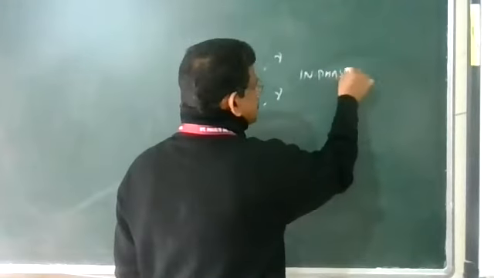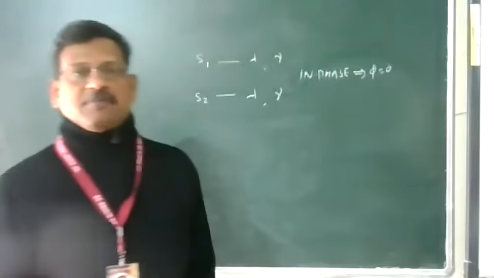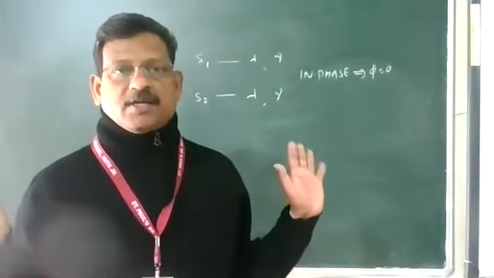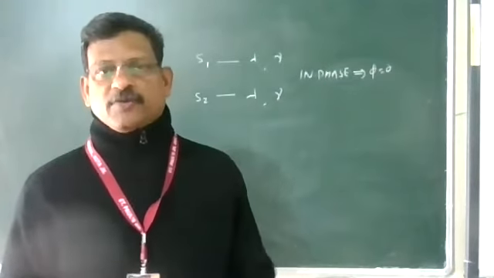In phase means the phase difference between them is equal to 0. That means they start together: crest will start together, trough will start together. Both are on the mark. In phase, so the phase difference is 0.